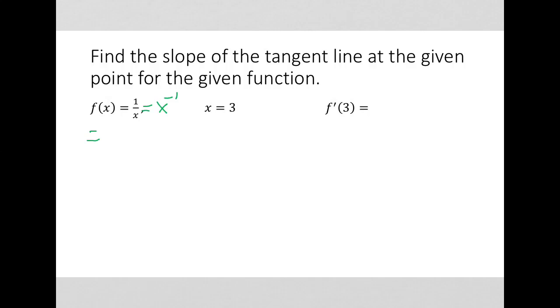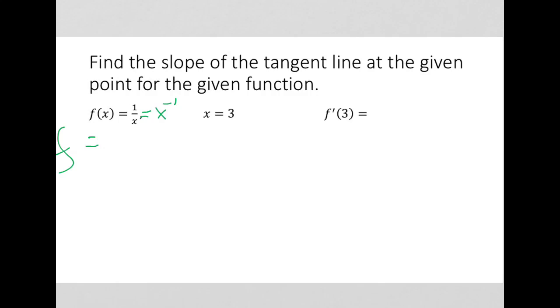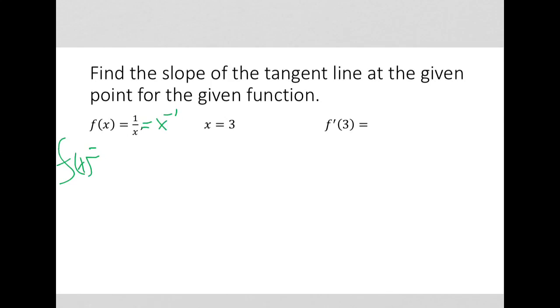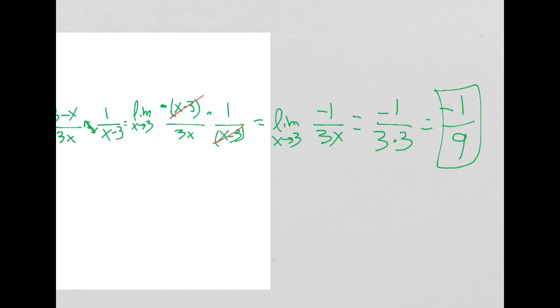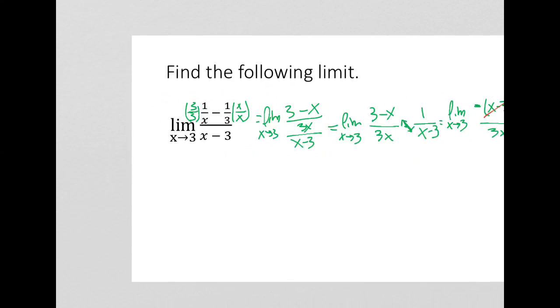Now let's use the power rule to write f prime of x is negative x to the negative 2, which is negative 1 over x squared. And we're looking at the x value of 3, so plug it into the function. F prime of 3 is going to equal negative 1 over 3 squared, so we get negative 1/9, which was the answer to our last problem.